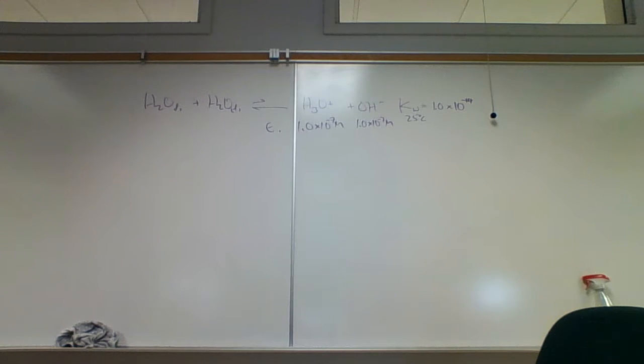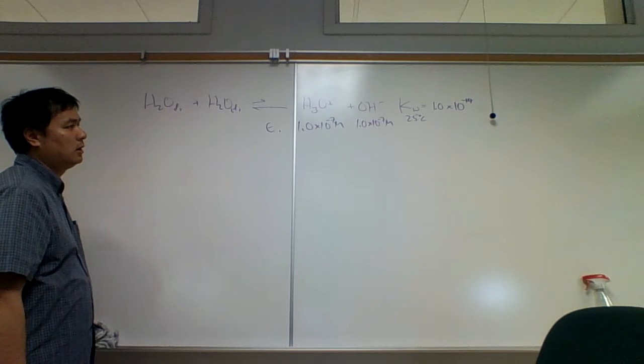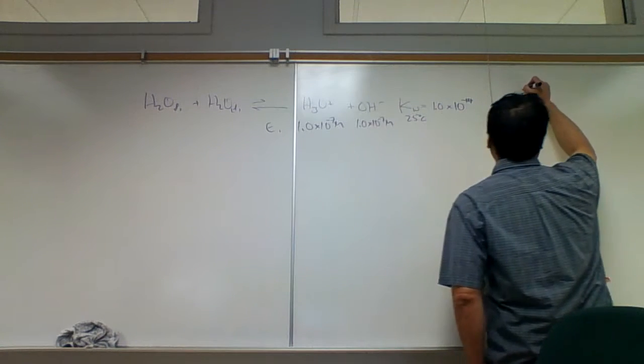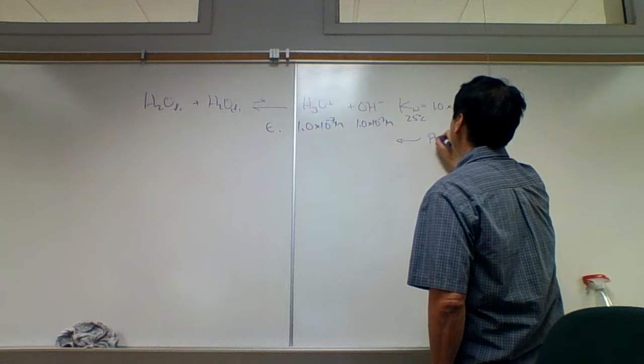And so in the next problem, and in fact in Chapter 16, we're going to see what happens to this when we add acid. And so in this case, let's do a perturb step here.